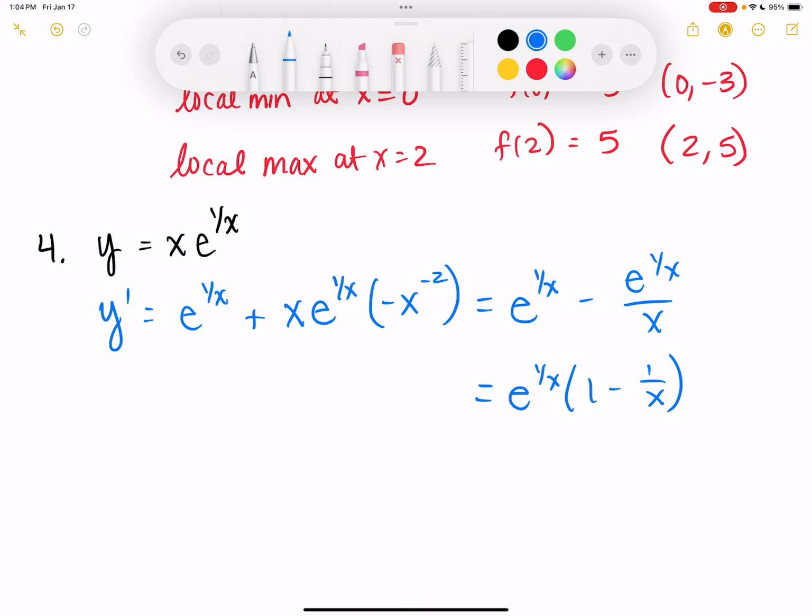Now I've got to find where this stuff is equal to 0, or where there's any problem children. Alright, so e to the 1 over x times 1 plus 1 over x is equal to 0.